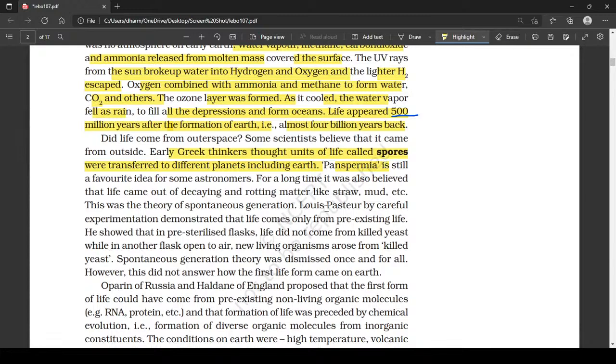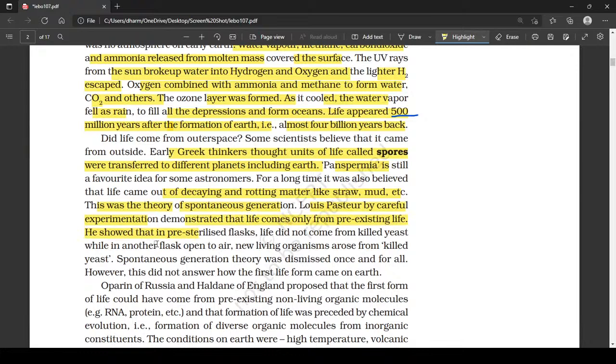For a long time, it was also believed that life came out of decaying and rotting matter like straw and mud. This theory of spontaneous generation was disproved by Louis Pasteur, who by careful experimentation demonstrated that life comes only from pre-existing life.